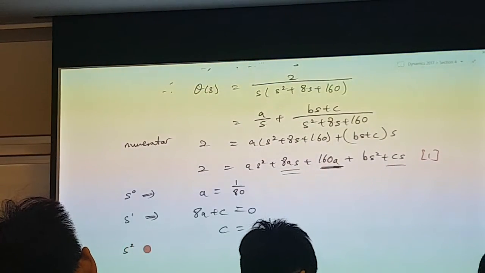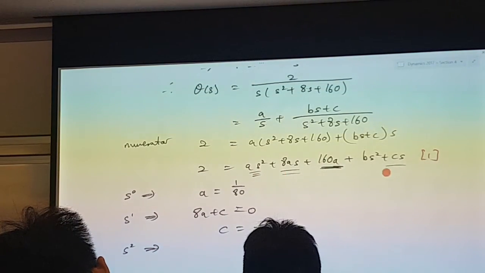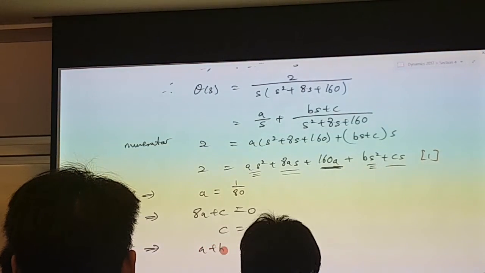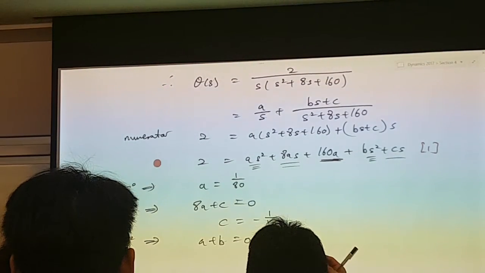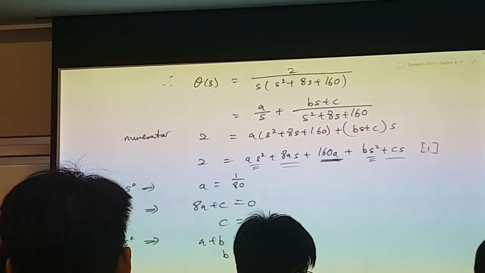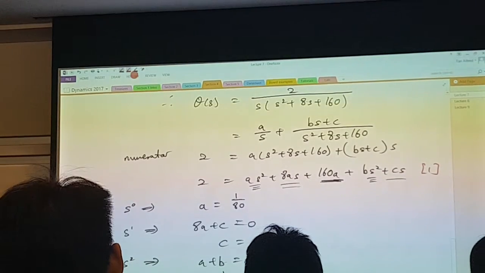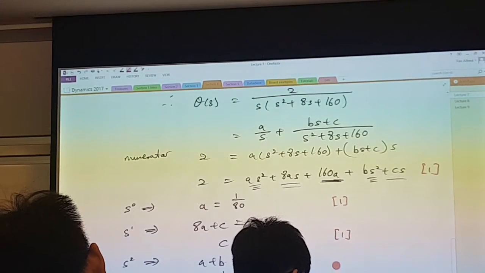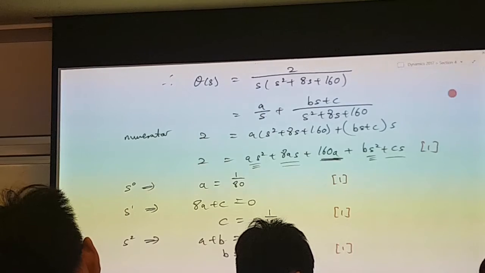So the last one, comparing the coefficient of s squared. You have s squared here, s squared here. So that is A plus B must be equal to 0 because there's no s squared coefficient over at the left hand side. So B will be equal to minus 1 over 80. So each of these, if you get it correct, doing the partial fractions and then finding out what is A, B, and C, you'll be awarded 1 mark each. That's a lot.